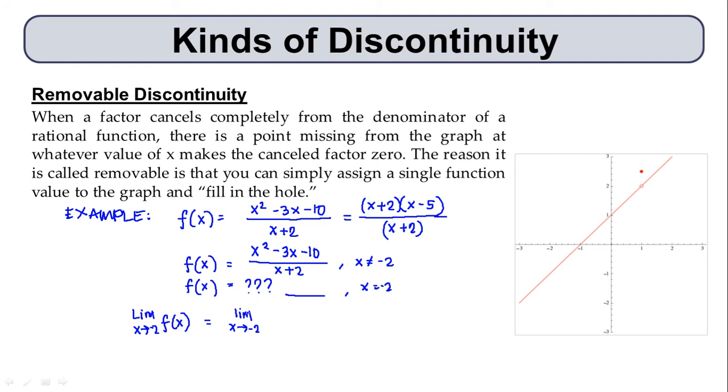Will now become the limit of x minus 5. And kung isa-substitute na natin yung value ng negative 2 dyan, it is now negative 2 minus 5, which is equal to negative 7. Therefore, ganyan, ano?